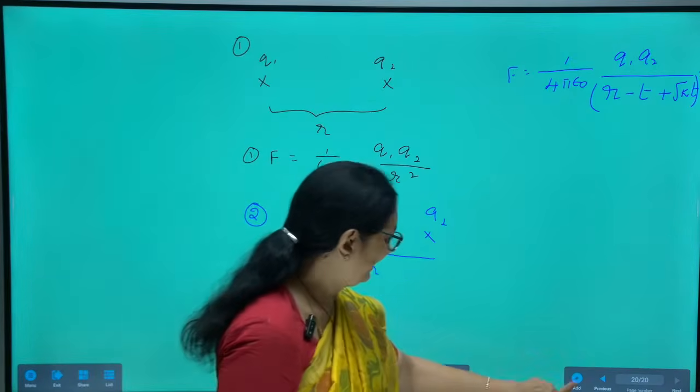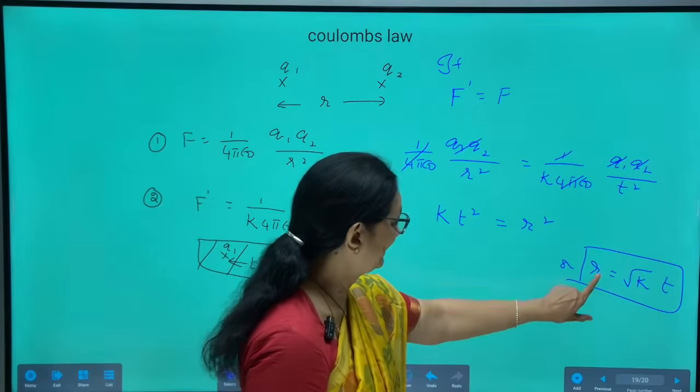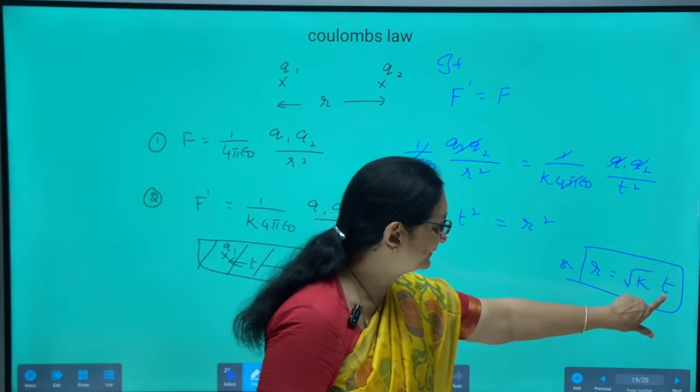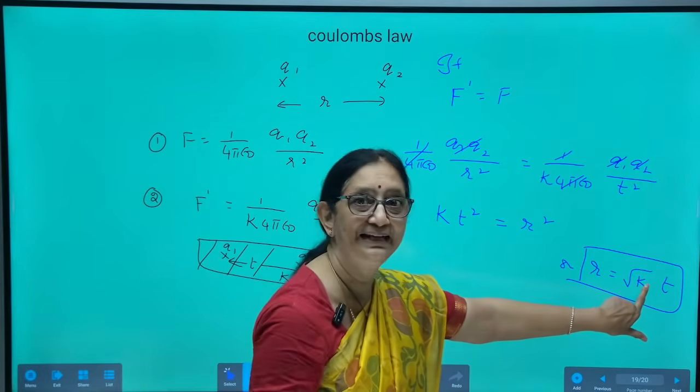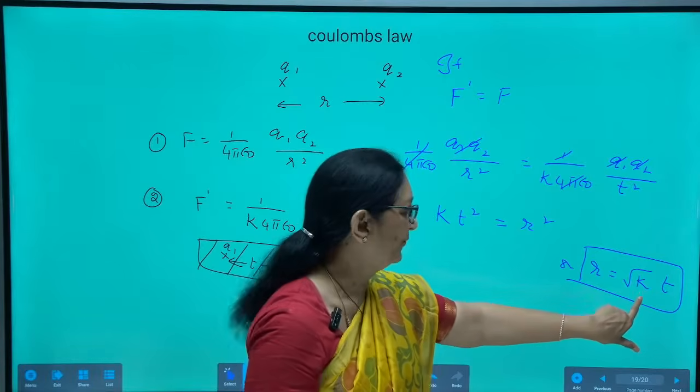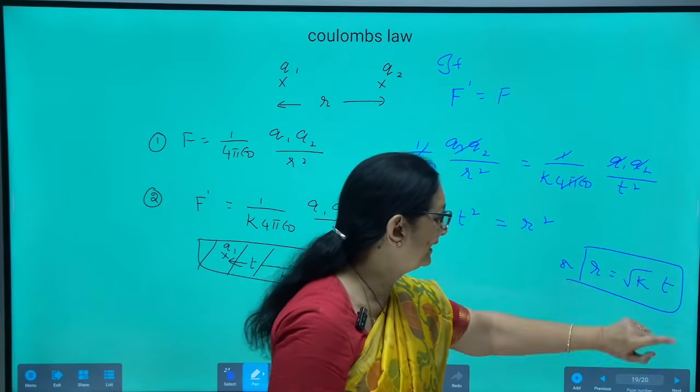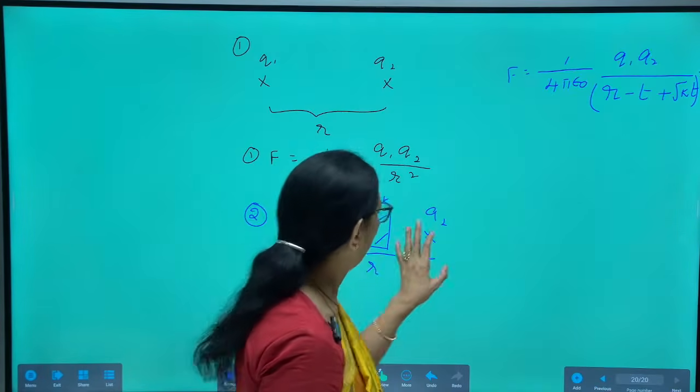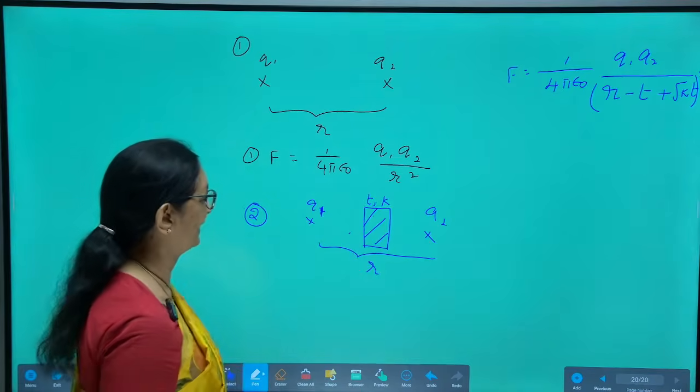See here, in the previous case, a dielectric slab of thickness T, constant K is equivalent to an air thickness root K into T. Now, in this case, it is placed like this.